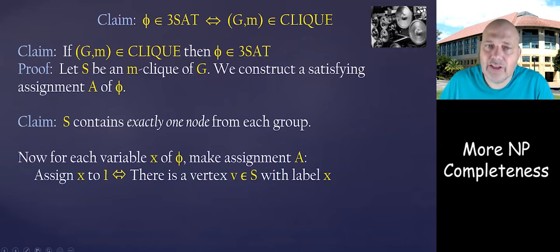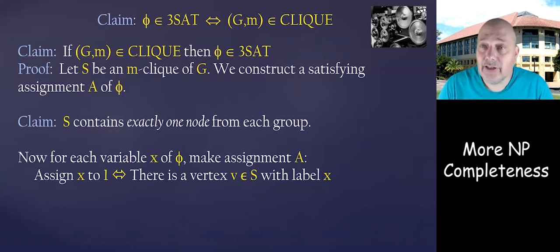So for each variable x of phi, I'm going to create an assignment A that assigns x to 1, so assigns x to be true, if and only if there is a vertex v in S which is labeled x. So if one of the vertices in our m-clique is labeled by x, I want to make sure that this is going to be satisfied, and therefore I'm going to assign x the value 1.